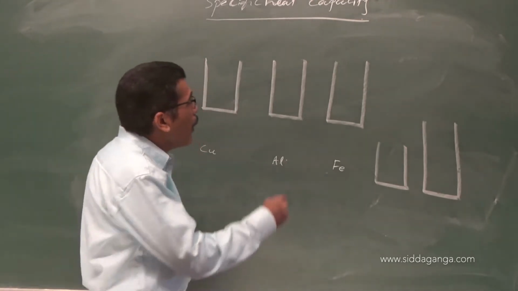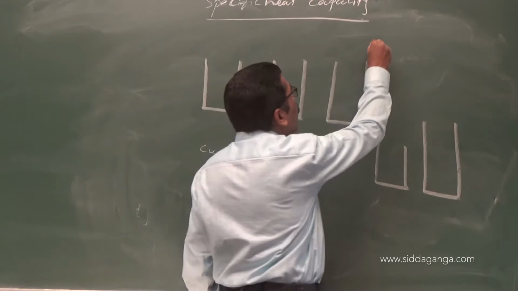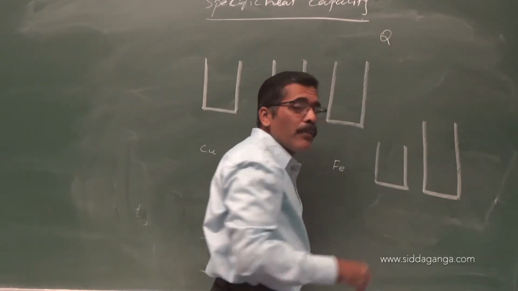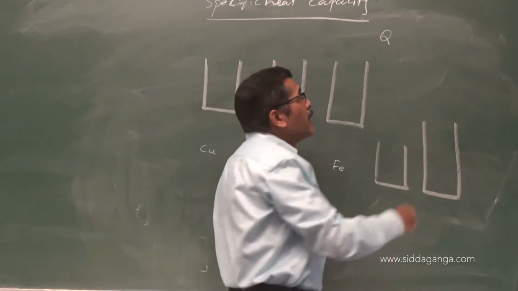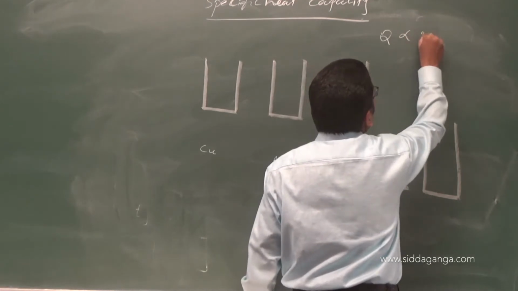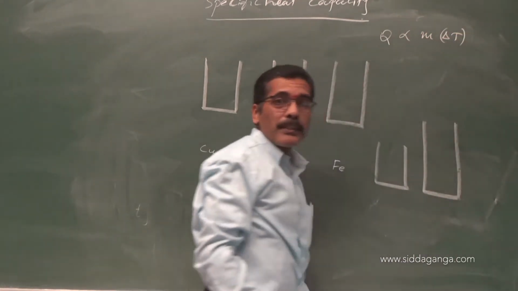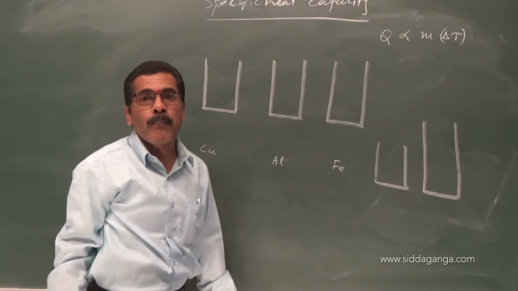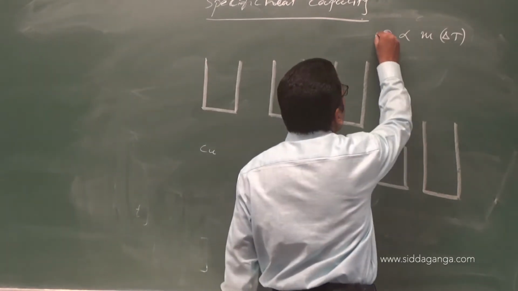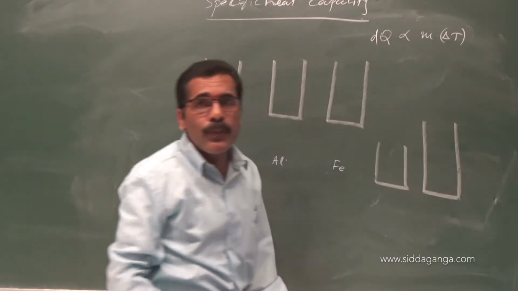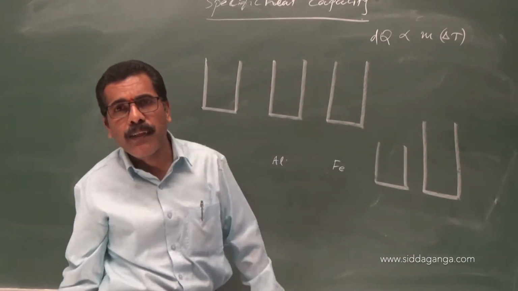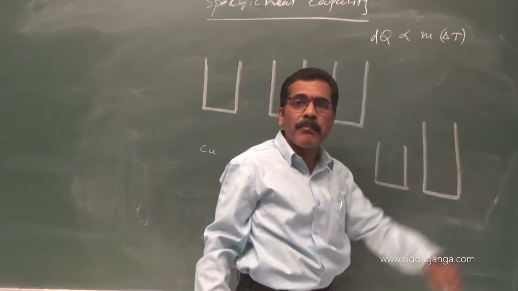See, therefore, if you take Q as the quantity of heat supplied to the material, this is proportional to mass of the container and the rising temperature. Or if I take dQ, a small quantity of heat supplied, it is proportional to m into a small rise in temperature.